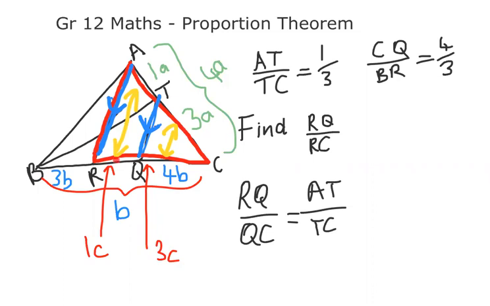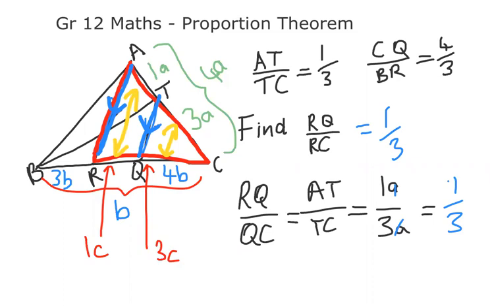So RQ divided by QC is equal to AT divided by TC. So I'm just keeping the ratios the same. This one divided by that equals that divided by that. So AT we said is 1A, TC is 3A, and now the A's cancel each other out, and then it's just 1 over 3. So RQ divided by QC, that is equal to 1 over 3.